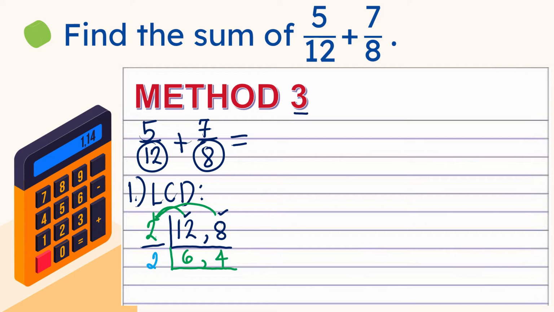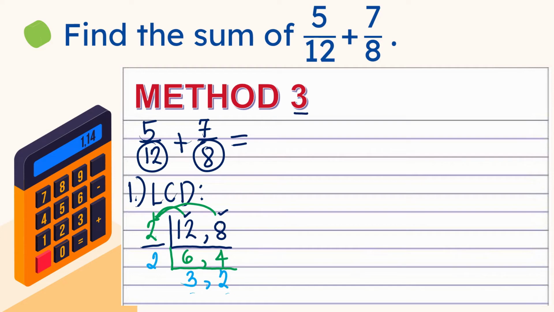So, mag-divide pa tayo. 6 divided by 2 is equal to what? 3. Okay? And then, comma, 4 divided by 2 is equal to what? Correct. 2. Now, you will see here na parang yung step na ginamit ko dito ay tulad lang ng pag-lowest term, di ba? But hindi yun.